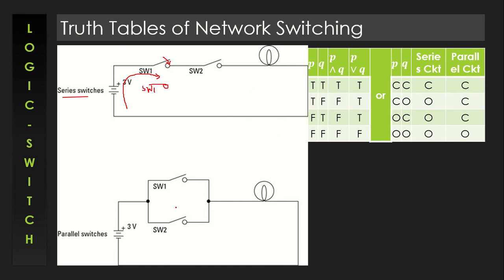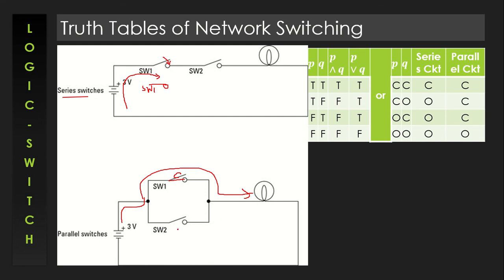However, in a parallel switch, when only one is closed, the current can flow. The current can flow to switch 1, and it will make the bulb light.